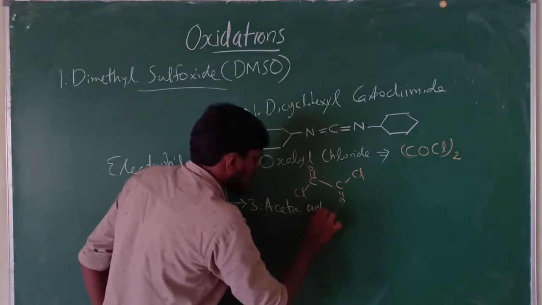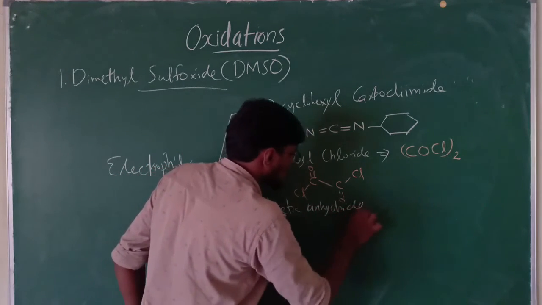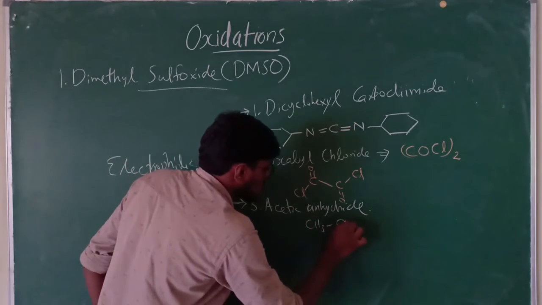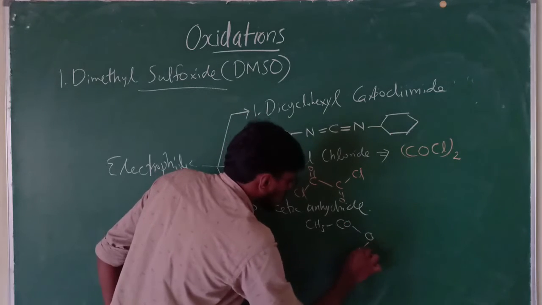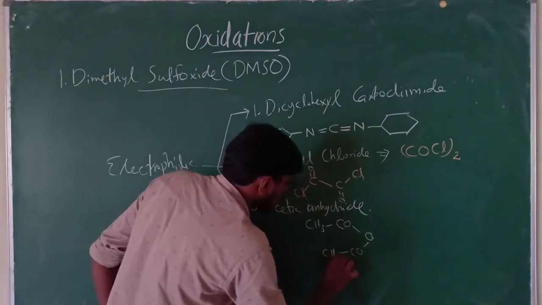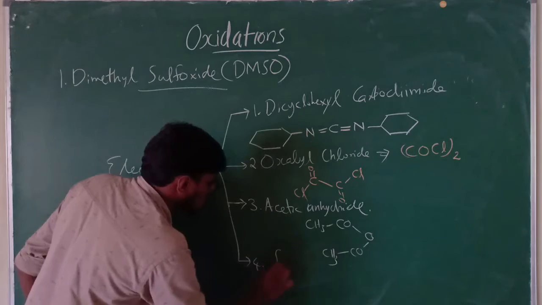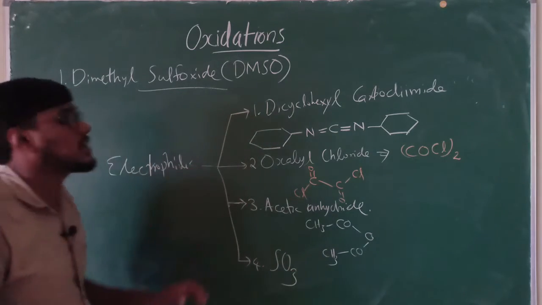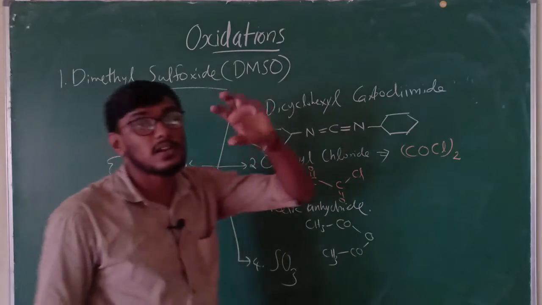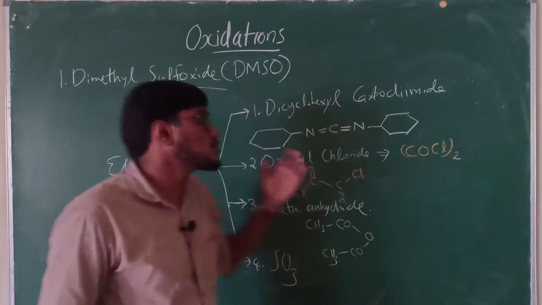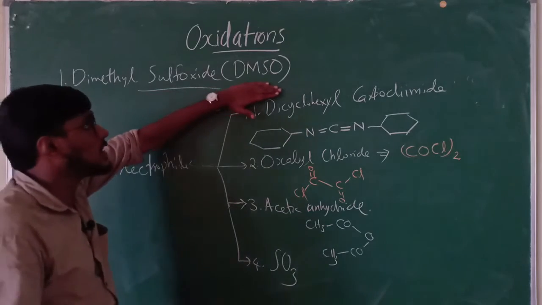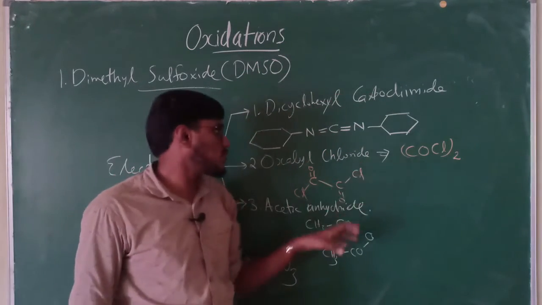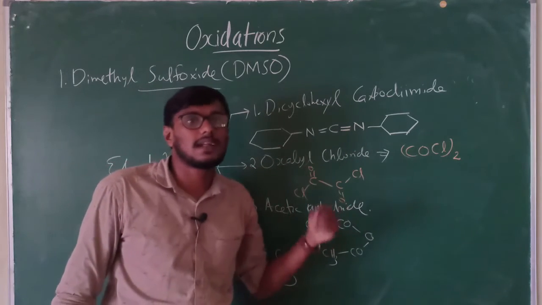Acetic anhydride can be used as an electrophilic molecule. CH3, this is acetic anhydride. And the fourth possibility is SO3, sulfur trioxide, which can also be used as the electrophilic molecule in the oxidation of alcohols to carbonyl compounds using dimethyl sulfoxide or DMSO. Okay, these are some choices for electrophilic species involved in these reactions.